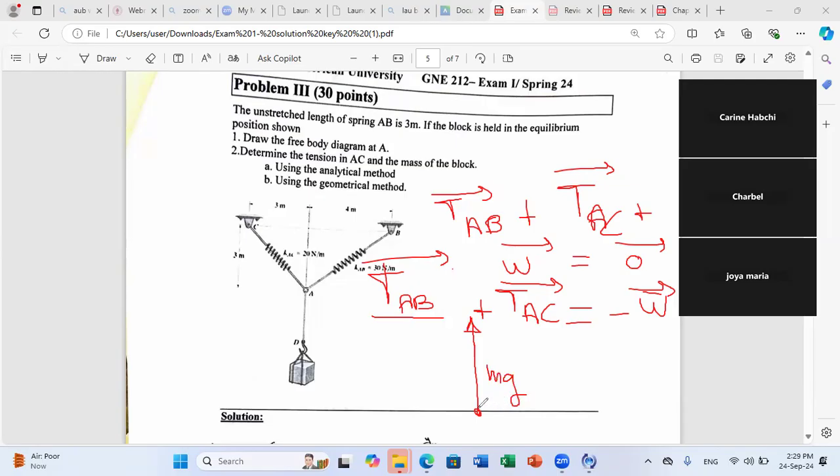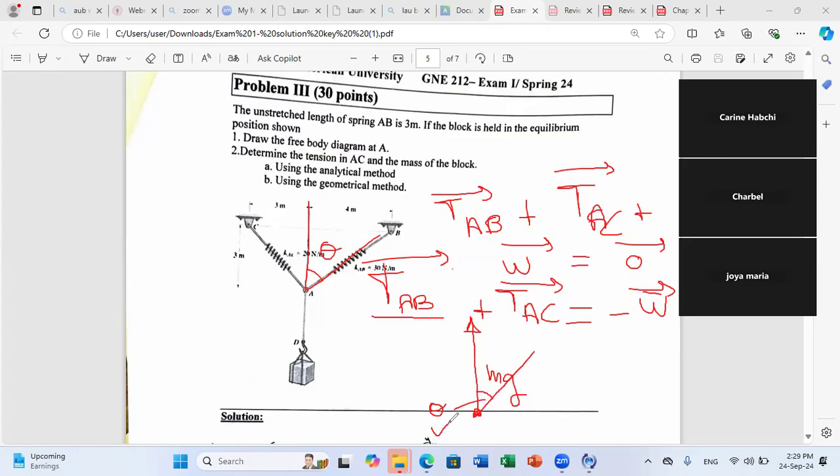Now, from the first point, I can draw a parallel to TAB or a parallel to TAC. You can start with what you want. If you want to start with TAB, you look at this figure. What is the angle between the vertical and TAB? We called the angle theta, and we calculated theta. So you take the point here, you draw a line making an angle theta that is already calculated. I know theta.